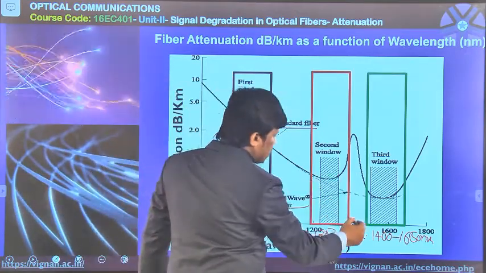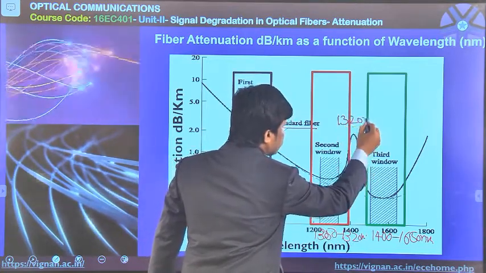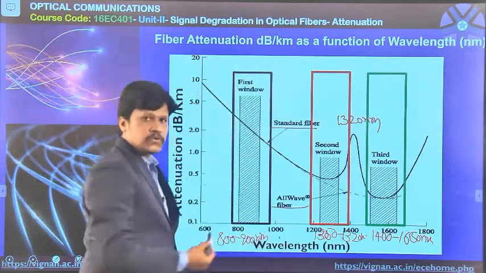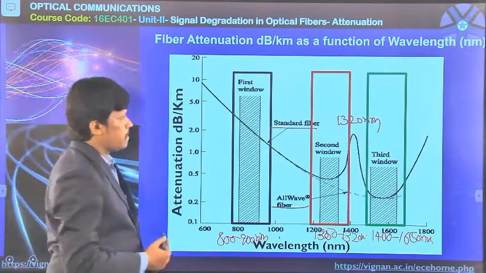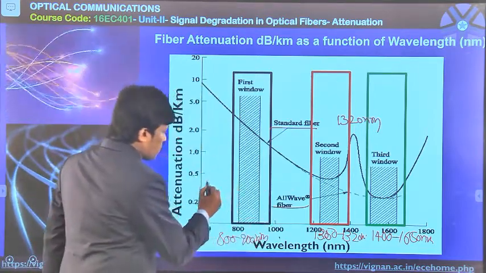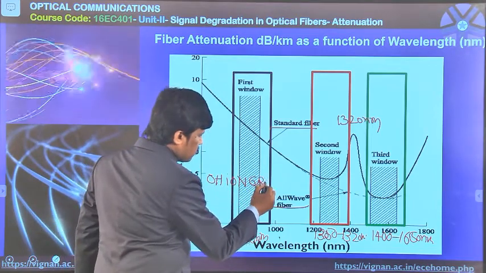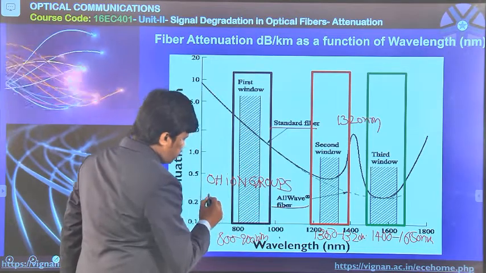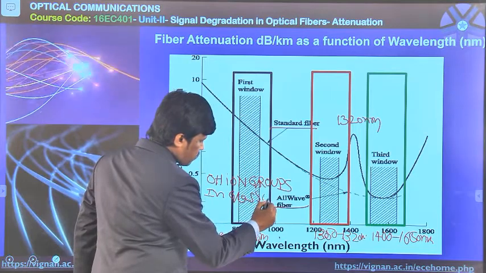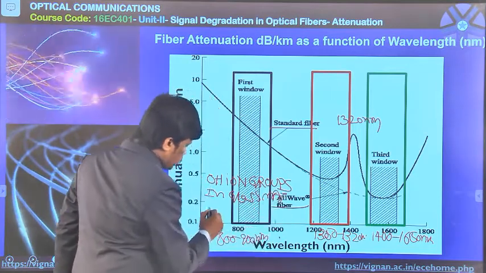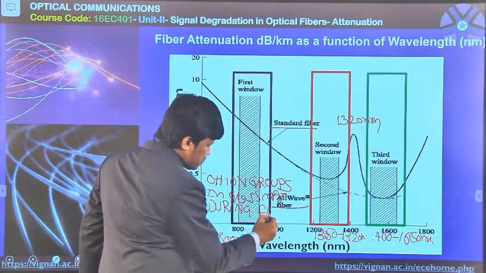If you observe the standard fiber in comparison with all wave fiber, in standard fiber there is an increase in attenuation at 1320 nanometer wavelength, which is due to OH group ions in the glass material during the fabrication process.